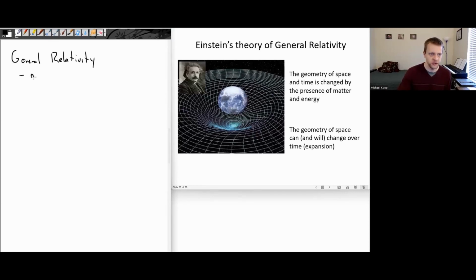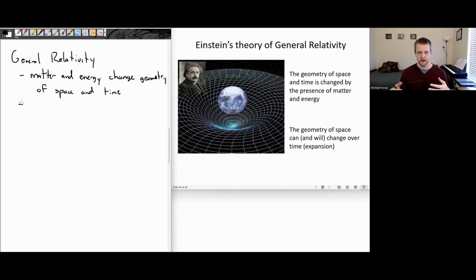So matter and energy change the geometry of space and time. That curvature of space-time tells objects how to move.